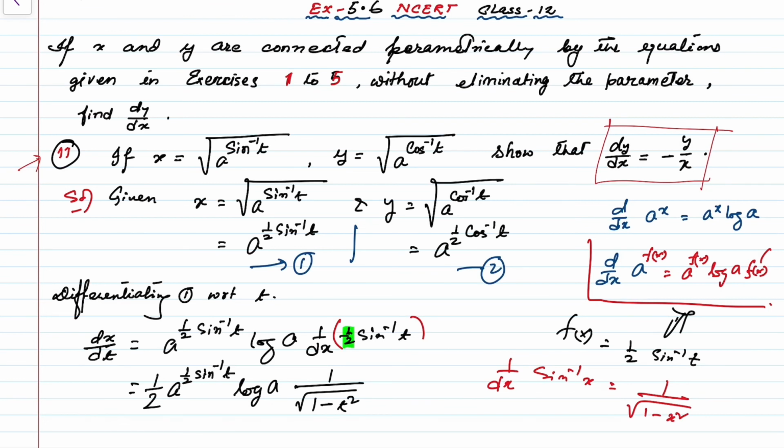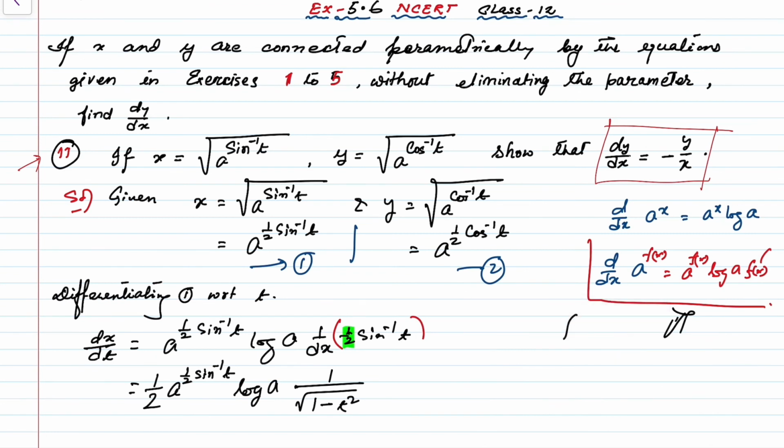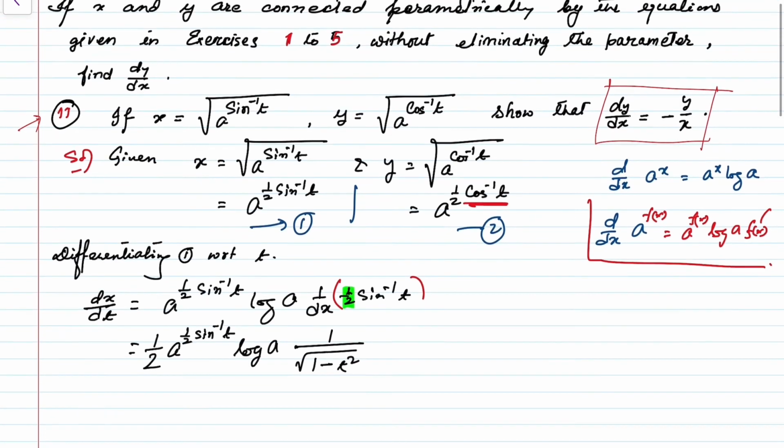Now let us differentiate equation number 2. Now f of x is cos inverse t here.